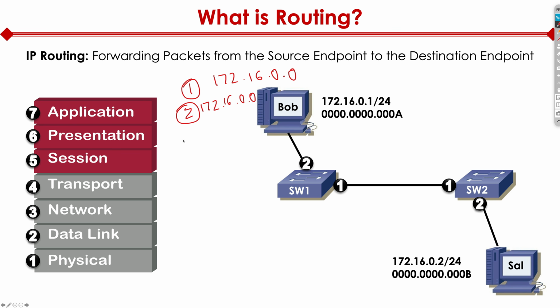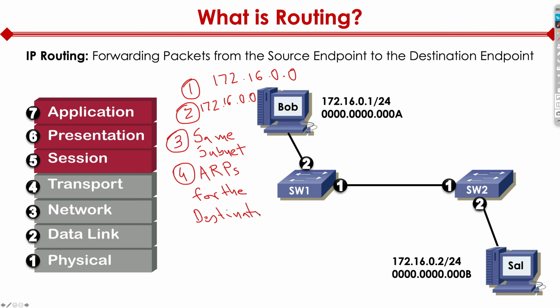What it finds out by running these two operations is that they're both on the same subnet, and because they're on the same subnet, Bob ARPs for the destination directly, which happens to be Sal in this case.